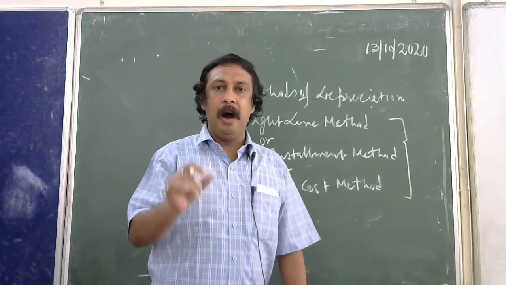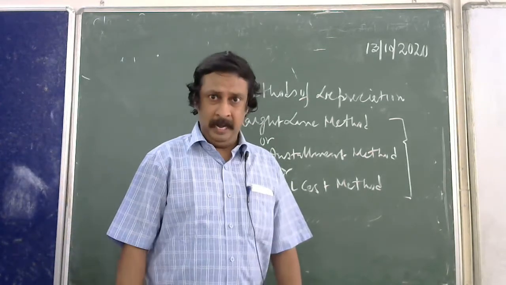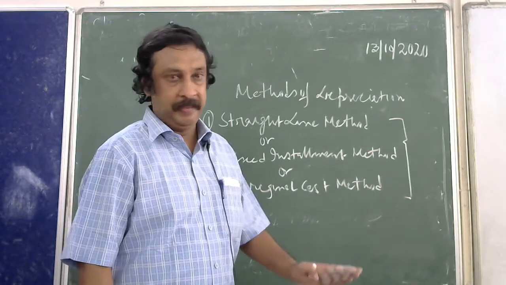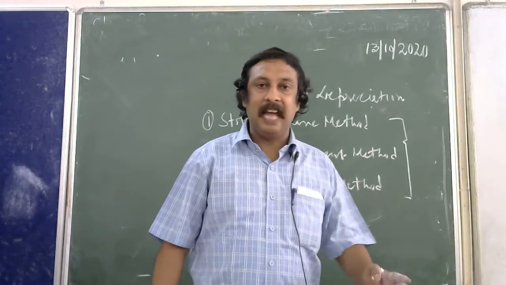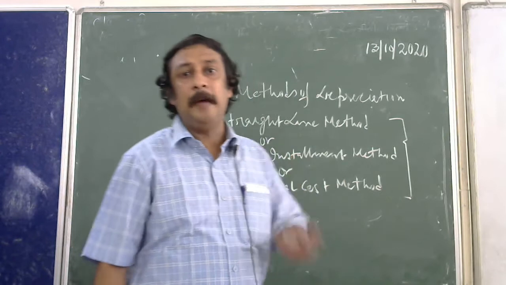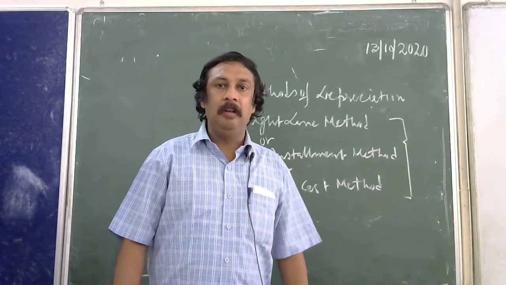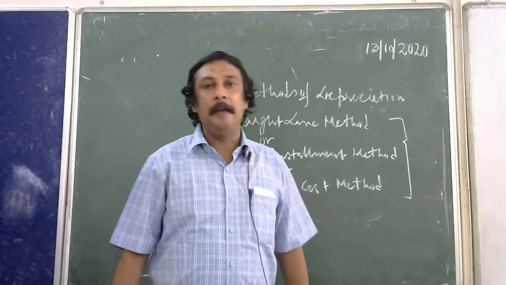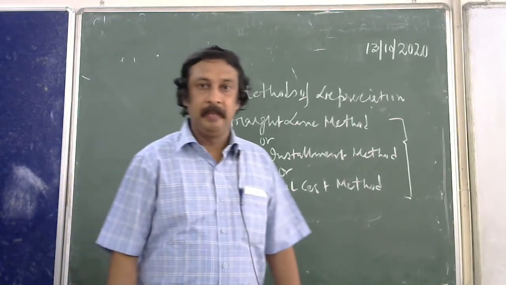Hence, the amount of depreciation remains the same. So, what is the fixed installment method? The amount of depreciation is calculated as a percentage on the cost of the assets. And that's why the amount of depreciation remains the same in the straight line method.